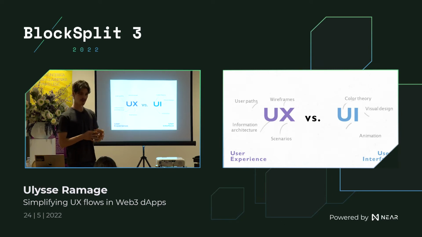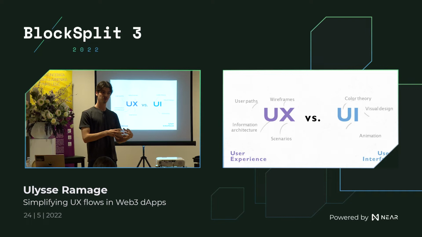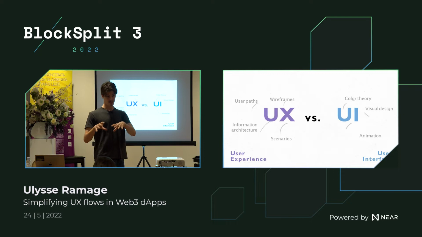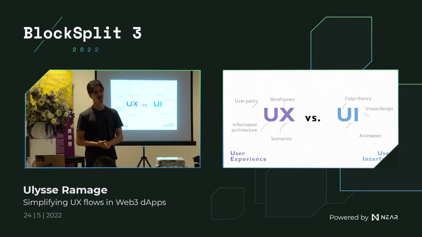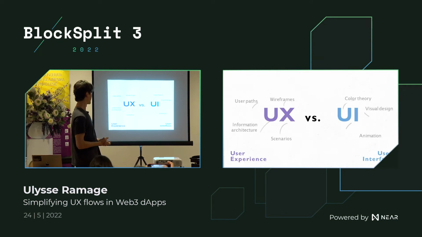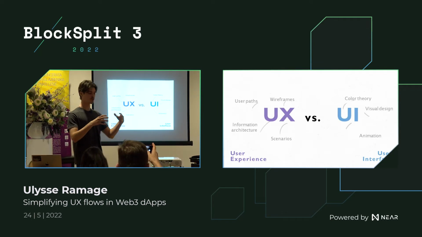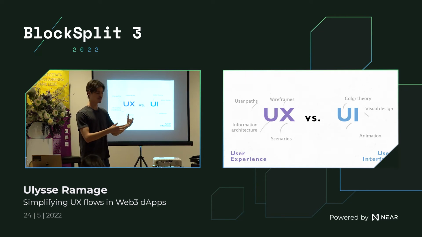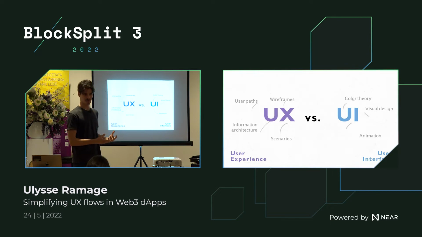That may be defining which persona is going to use your application, how you are going to display the information, and which information you're going to display. You shouldn't overload the user with too much info, but keep it quite simple and very straightforward. Then you have the wireframing and the scenarios, really defining a user path, from the very second the user takes the product into their hand, what they do from A to Z to complete an action. This is the user experience.